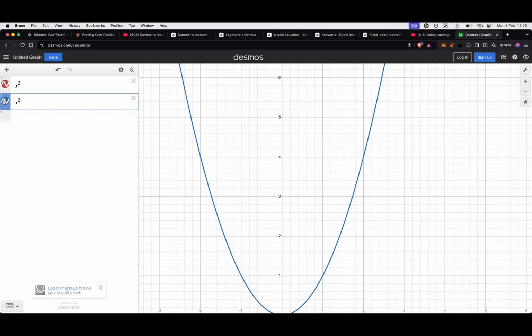Infinite, compared to 2. That's where the power comes. If they are the same, they'll be the same at an infinite number of spots. If they are different, they will only be the same at a maximum of 2. It's degree 2.